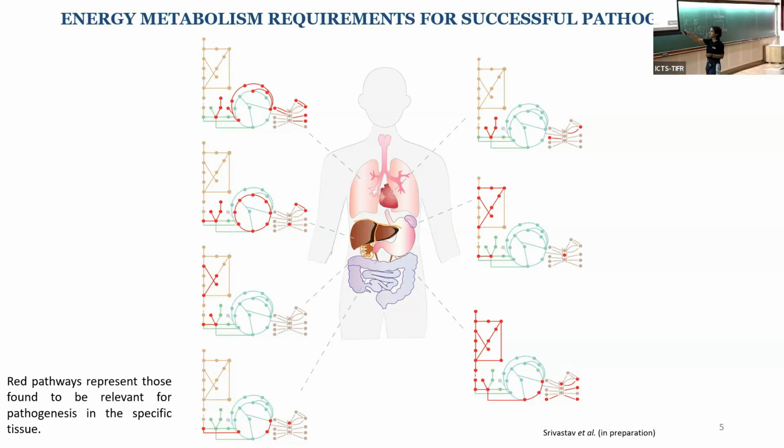So there's this plasticity. Now, if we look into literature and try to understand which pathways become important for colonization in a particular niche, a particular tissue basically, we see something like this. So the red pathways are the ones which have been shown to be important for a pathogen that is invading that tissue. So for example, for a pathogen that invades the lungs, we see that this particular branch of the TCA cycle becomes important.